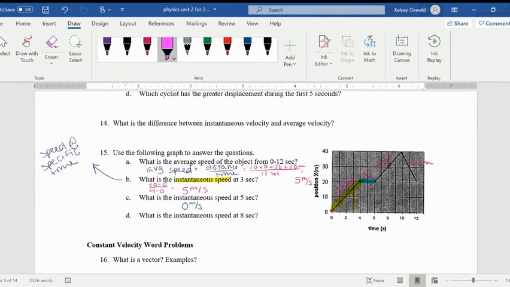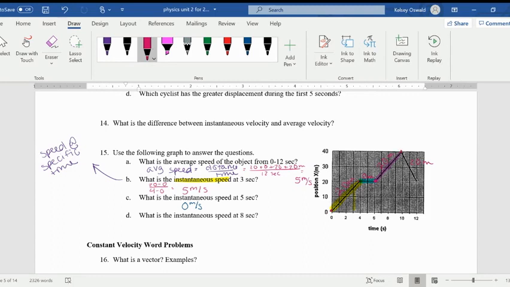Okay. So looking at this one, we want to find the slope of the line that 8 seconds is on. Okay. And in this regard, we're going to pick 2 points again. So like 6, 20 and like 9.5, 40.